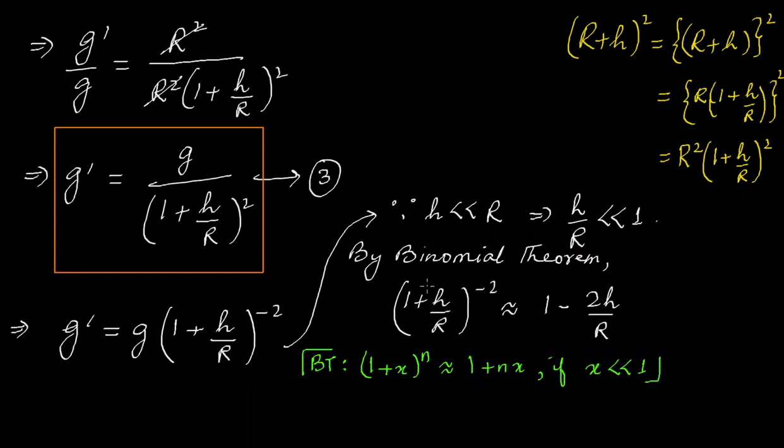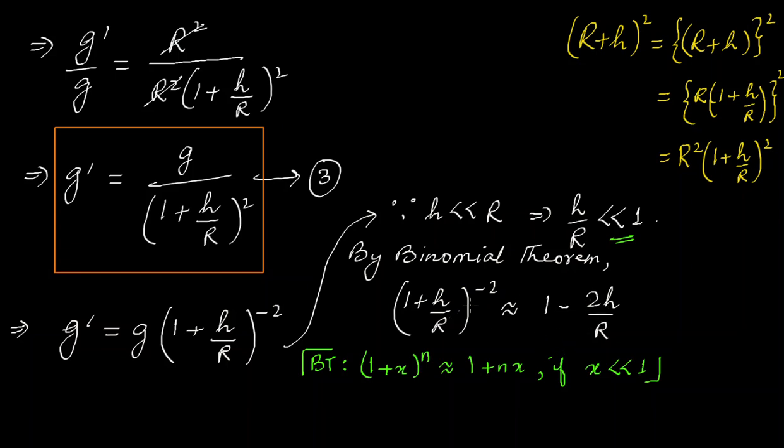Obviously here, h by r is very, very small compared to 1, yes or no? So we can expand this term using the binomial theorem. When you expand, this minus 2 will come here in the middle. Instead of plus 1 in front of h, you multiply with minus 2 and you get minus 2, so 1 minus 2h by r.